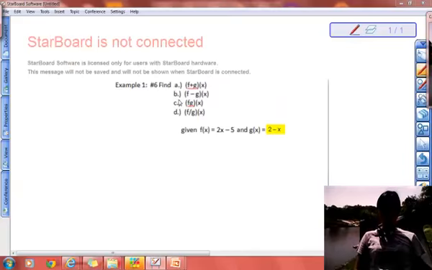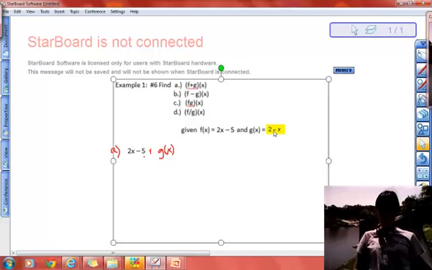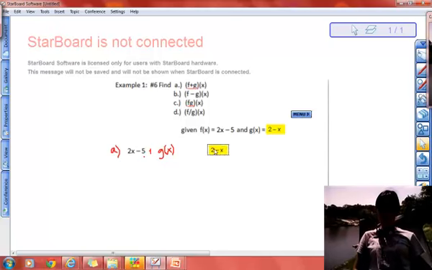So when you are going to be combining these functions using operations, it's going to look something like this. Let's do part A first. When you look at part A, again, all that's saying is take your f(x) function plus your g(x) function. So we'll take whatever f(x) is equal to and add it to whatever g(x) is equal to.